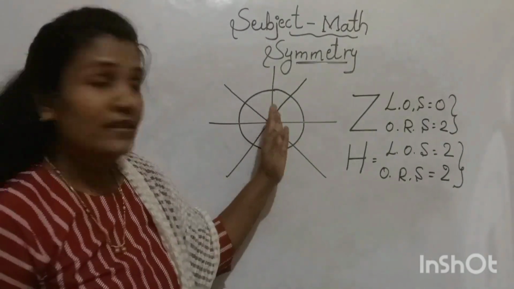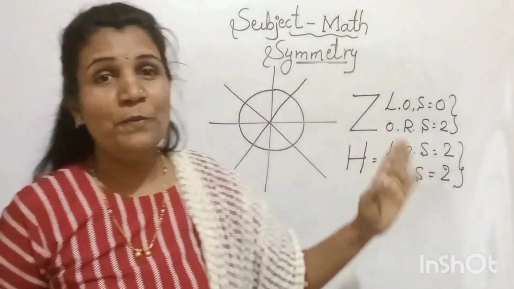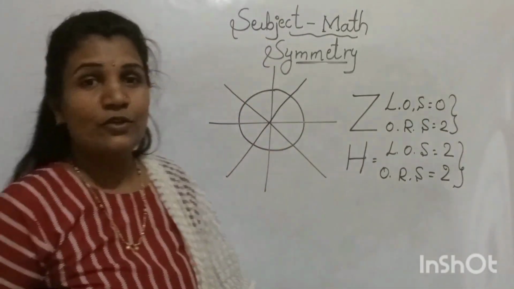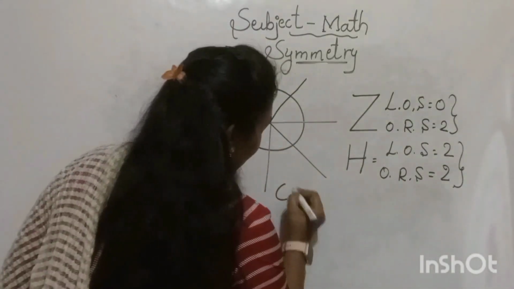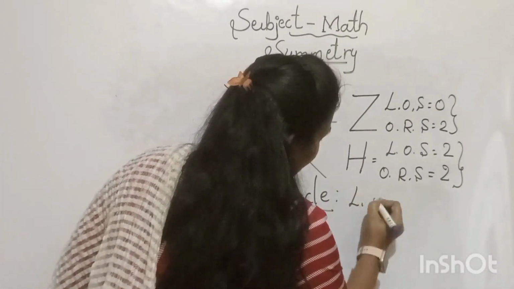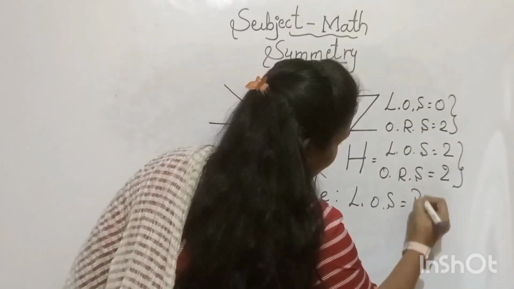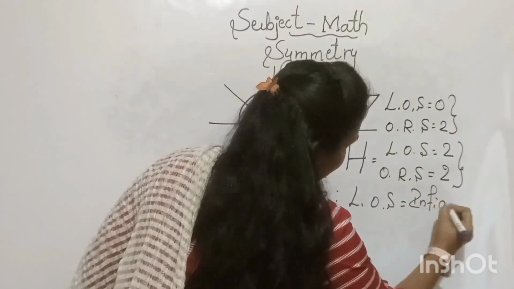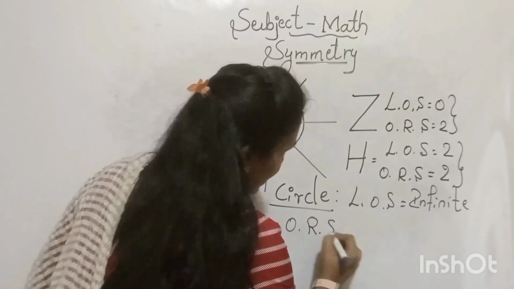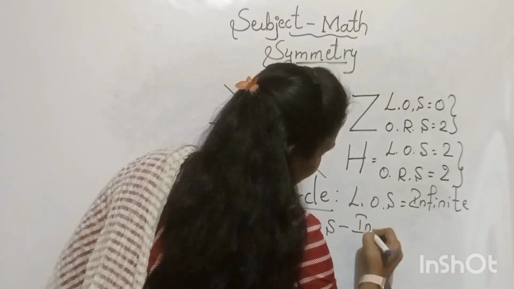This circle, as I told you, has infinite lines of symmetry, and on the same line rotational symmetry also infinite for the shape circle. Circle has infinite lines of symmetry and order of rotational symmetry also infinite.